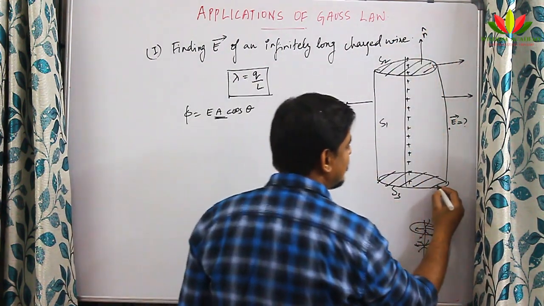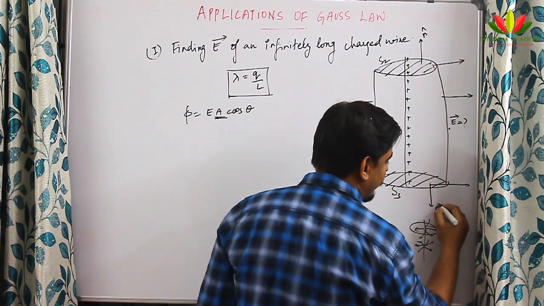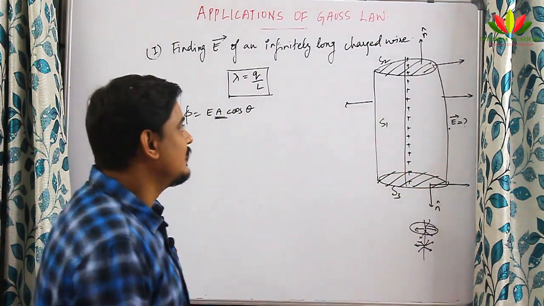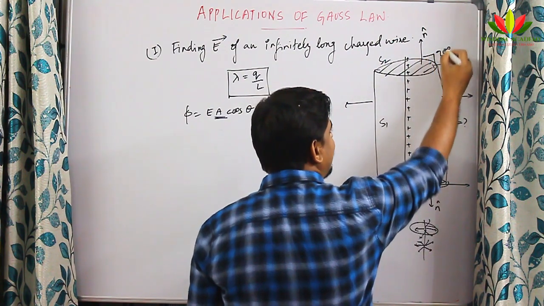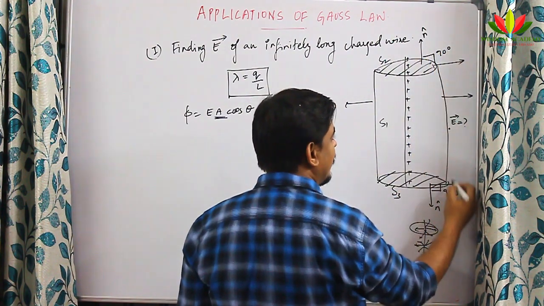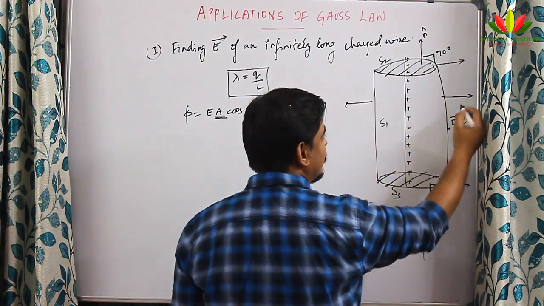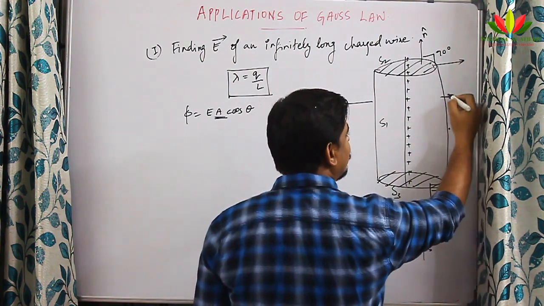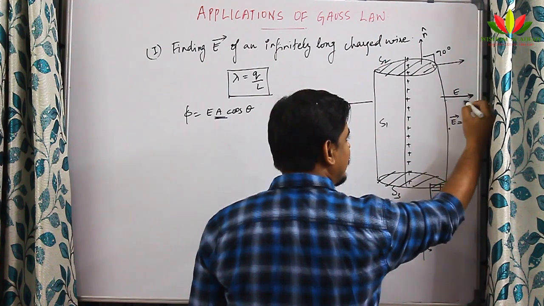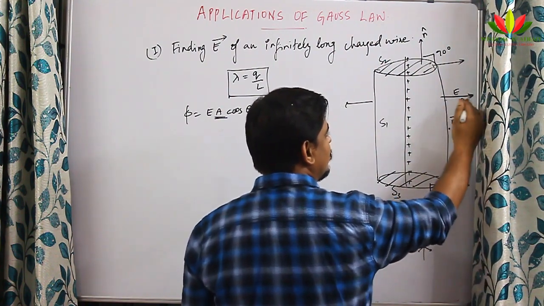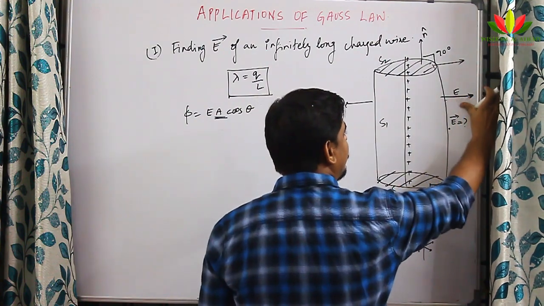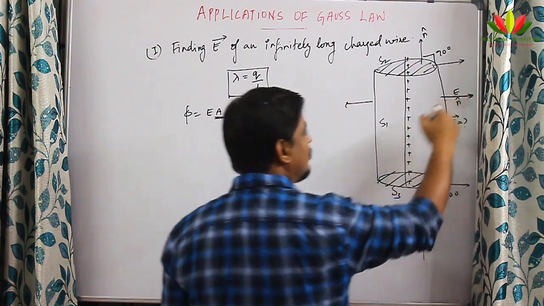Surfaces S2 and S3 make an angle of 90 degrees with the electric field, whereas for the S1 surface, the electric field direction and the n cap have an angle of 0 degree between them.